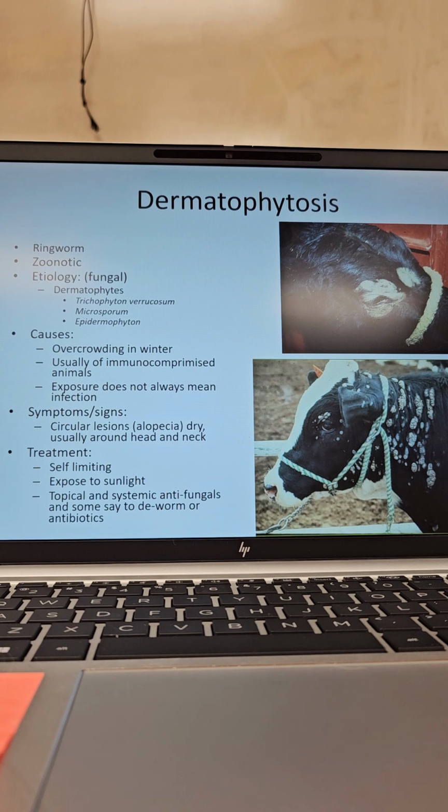It does cause some immune compromisation. So maybe that's what deworming could be. Antibiotics, it's a fungus. Antibiotics aren't going to do anything unless you have a secondary skin infection or a primary infection that's making the animals sick and making them more susceptible to ringworm.